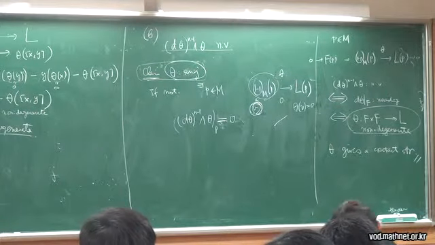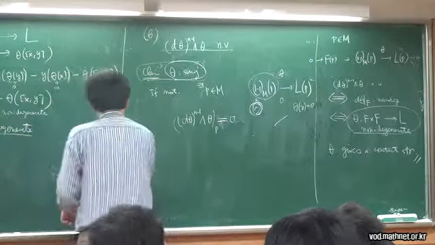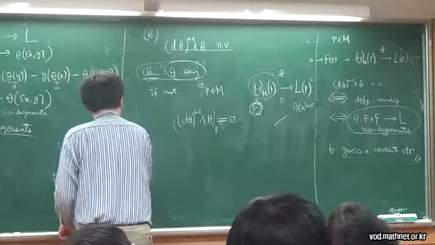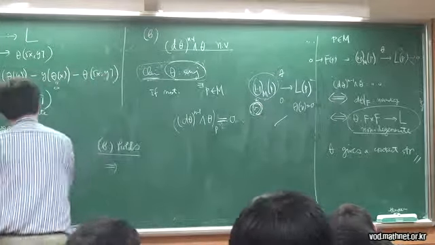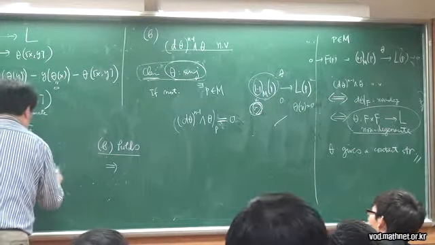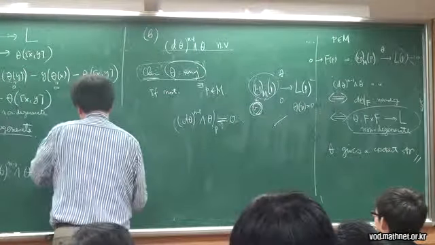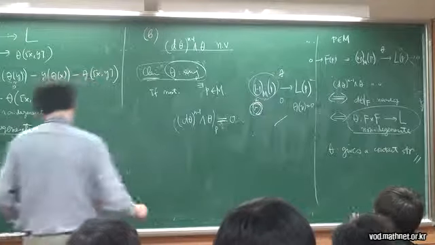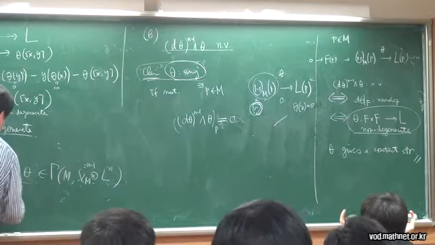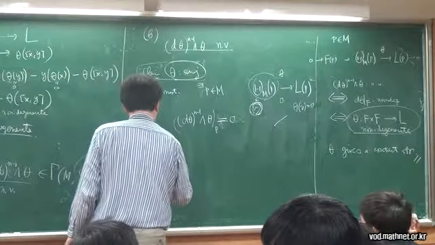Okay, as a corollary of B, if B holds, then this is a nowhere vanishing section of the wedge of n minus 1 of L to the n. Nowhere vanishing means this is a trivial line bundle.